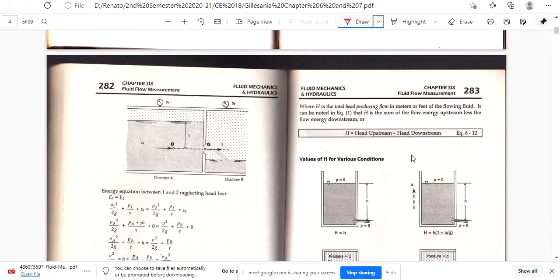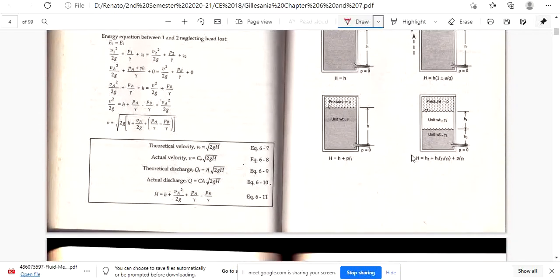Okay. So for the orifice, your equations are similar. No need to memorize, because it is still Q is equal to CAV. You know the theoretical velocity, what you mentioned earlier, which is square root of 2gh. The area here is the area of the orifice.